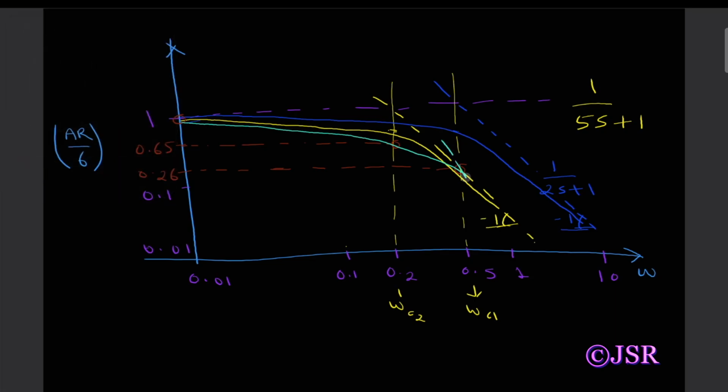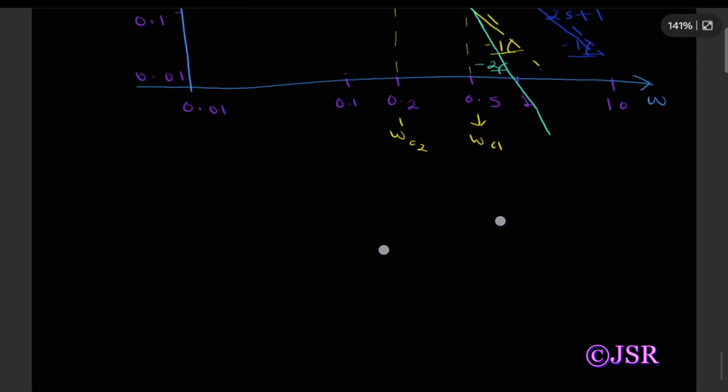So at this point we will have the slope of, so here the slope will be -2. So this will be the gain plot for this.